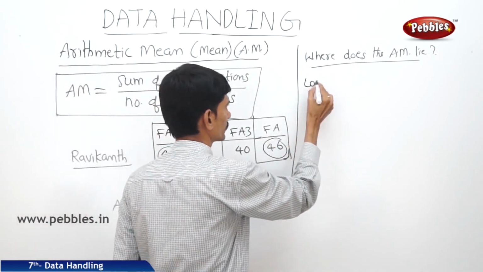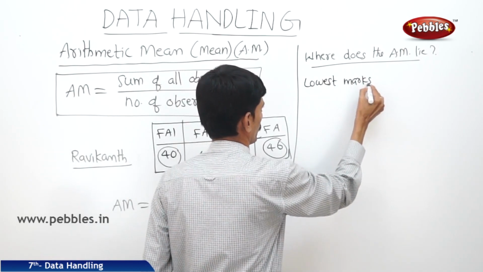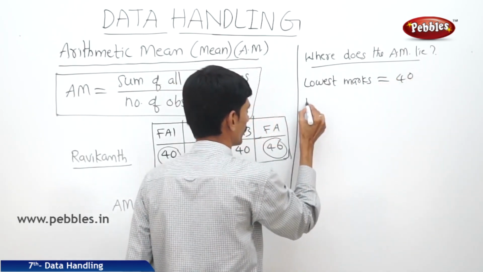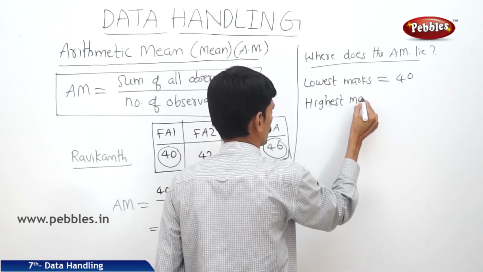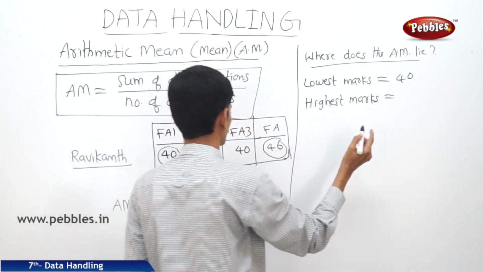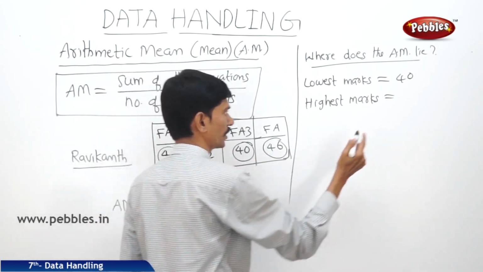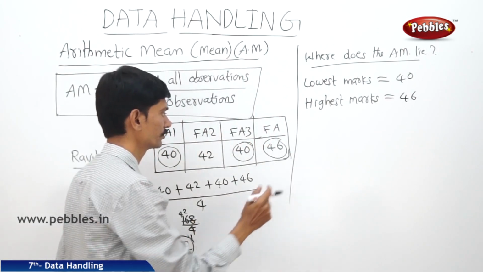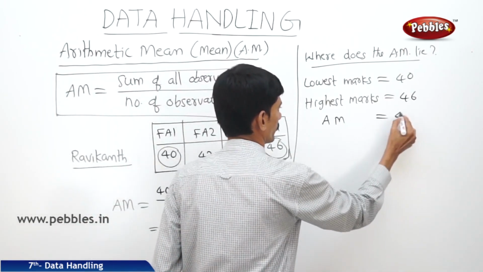So the lowest marks equals 40 and the highest marks equals 46. Twice he has got the lowest marks of 40 and the highest marks 46, but the arithmetic mean is 42.